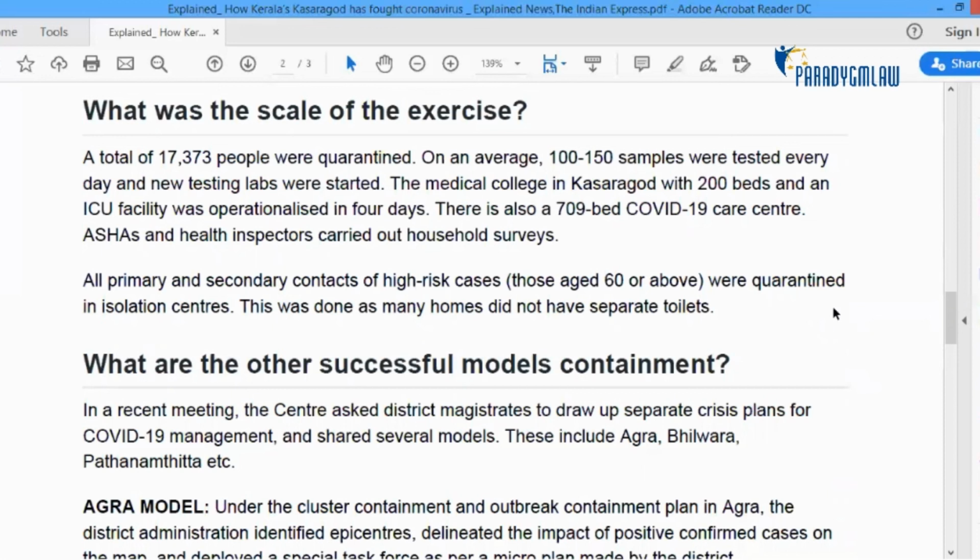Having read this, you will now understand that one model will not fit everyone, right? What could work in Kerala probably may not work in Maharashtra. So what do we do?